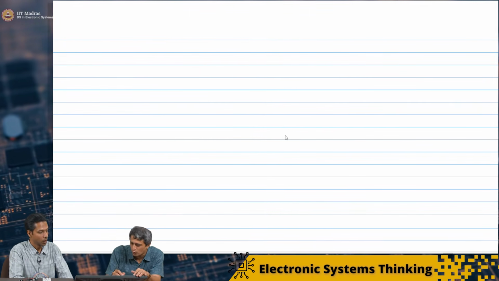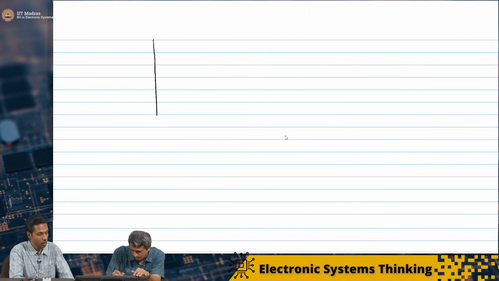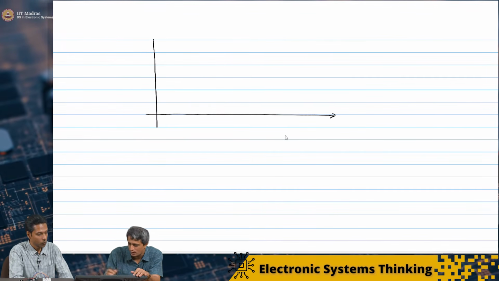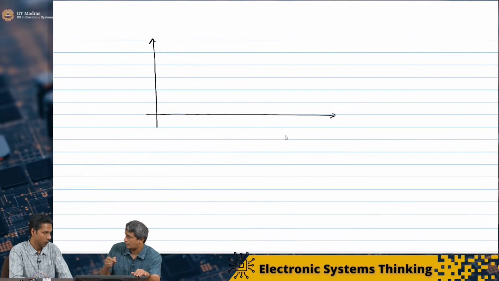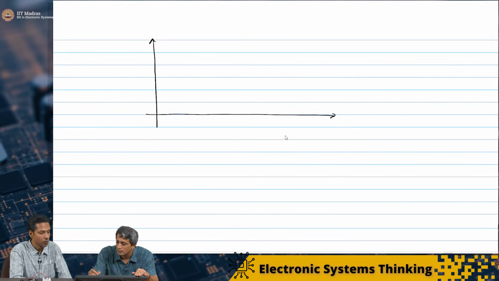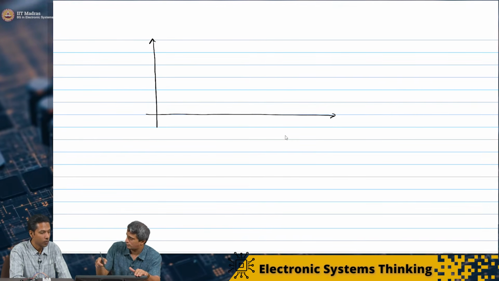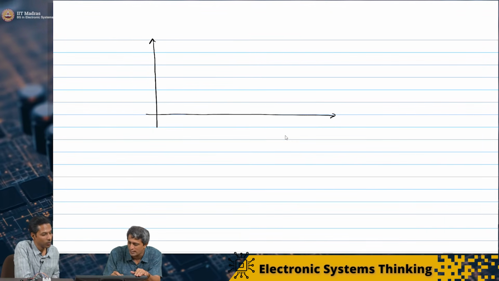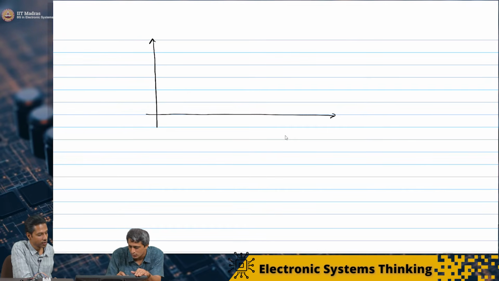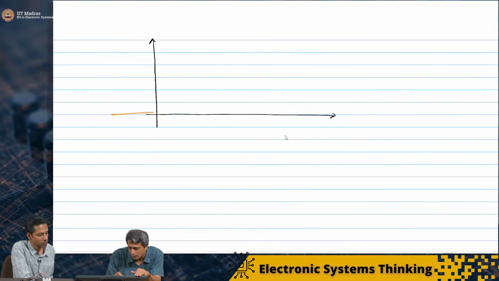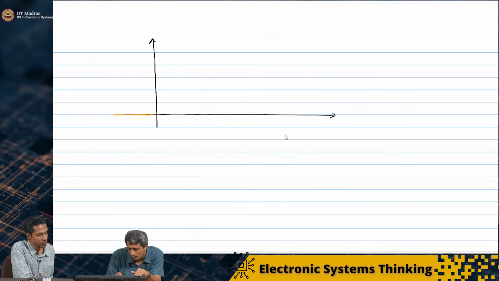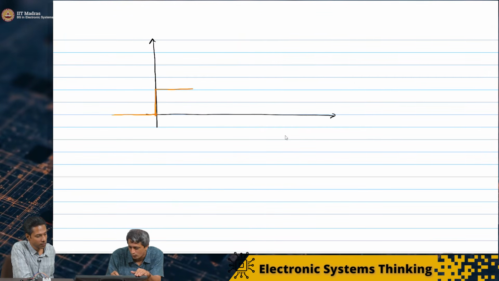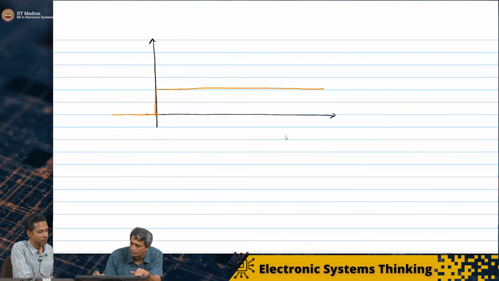So let us now plot both V in and V out, just like we saw earlier. I'll use the same plot colors. For V in, I will use orange. So it is basically 0 till t equal to 0, then it goes to Vm.